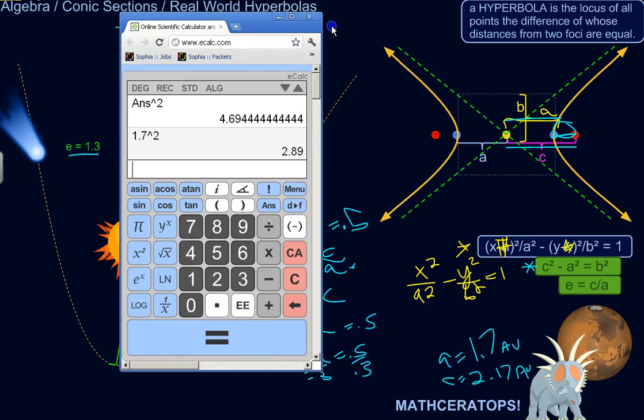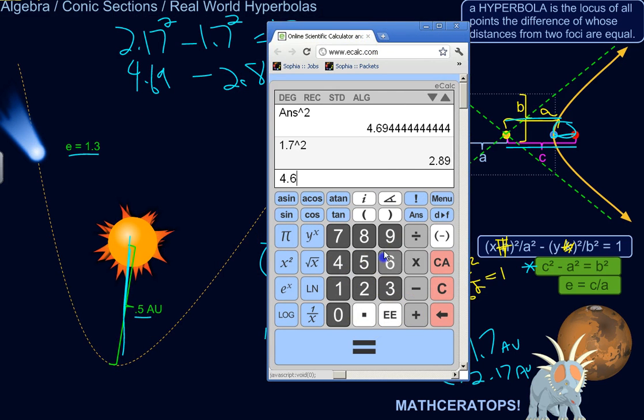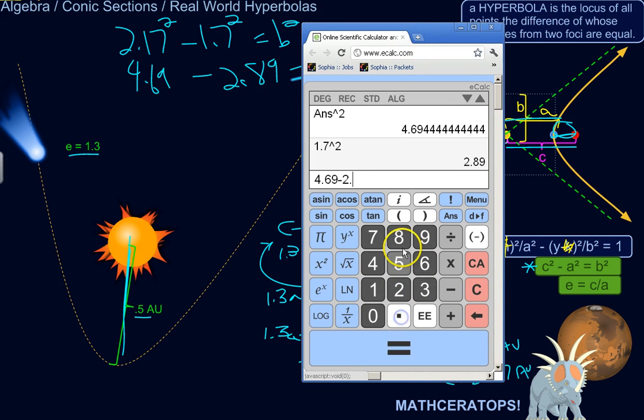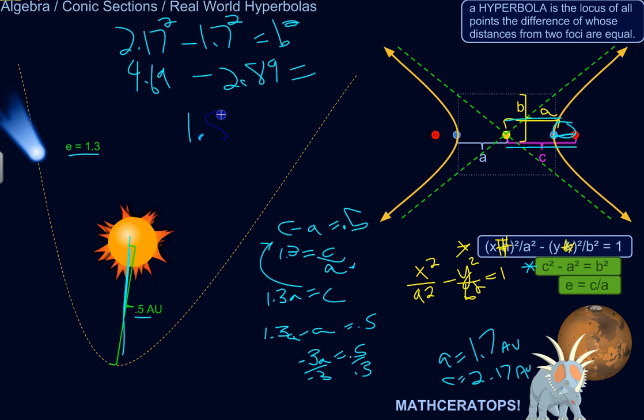So 4.69 minus 2.89 is 1.8 roughly. 1.8 more or less is b squared. Now let's just leave it as b squared because that's what we need for our equation. And a is 1.7, so a squared is 2.89 AU squared. So that's all we need.